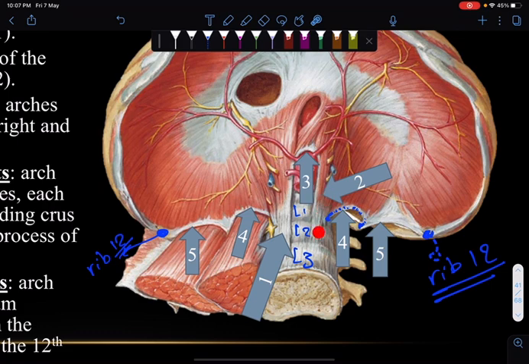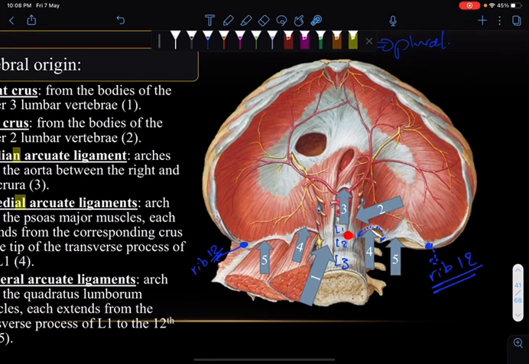Which crus is this? This is the left crus, the short one. So this medial arcuate ligament originates from this crus and extends towards the transverse process of lumbar number 1.